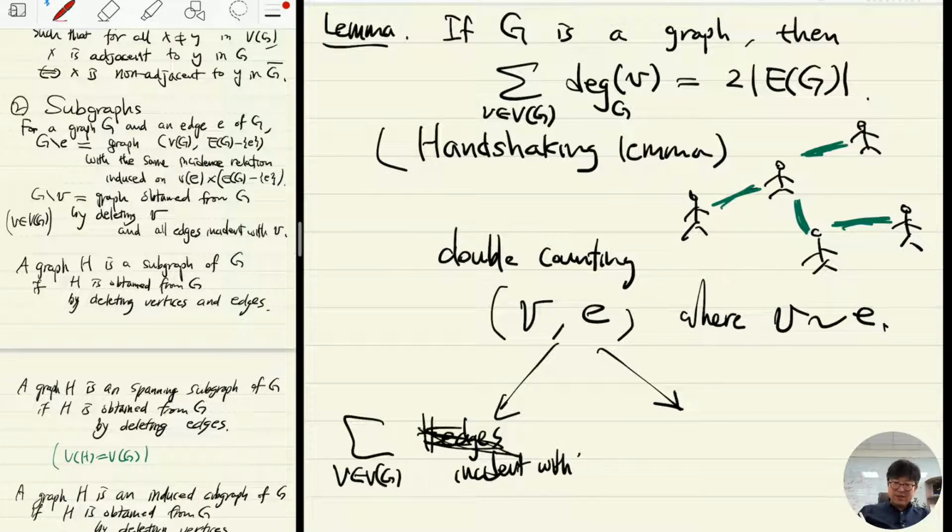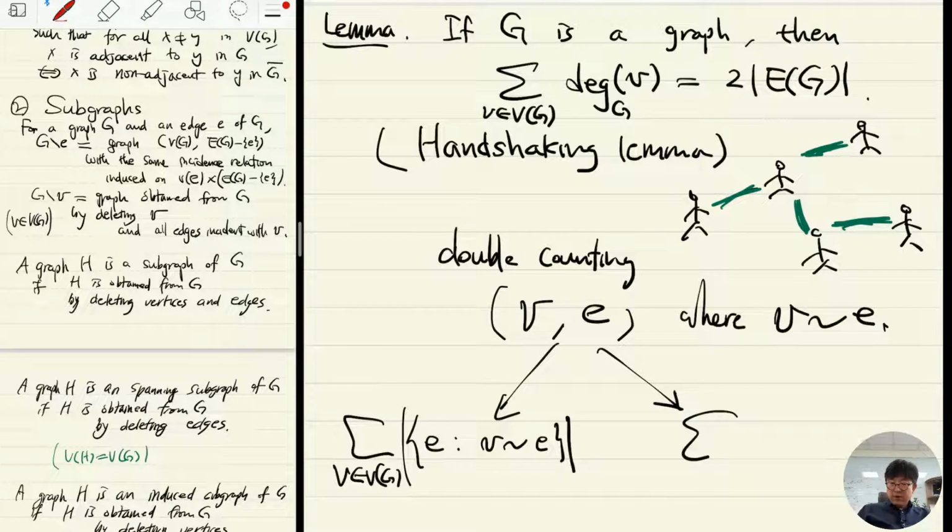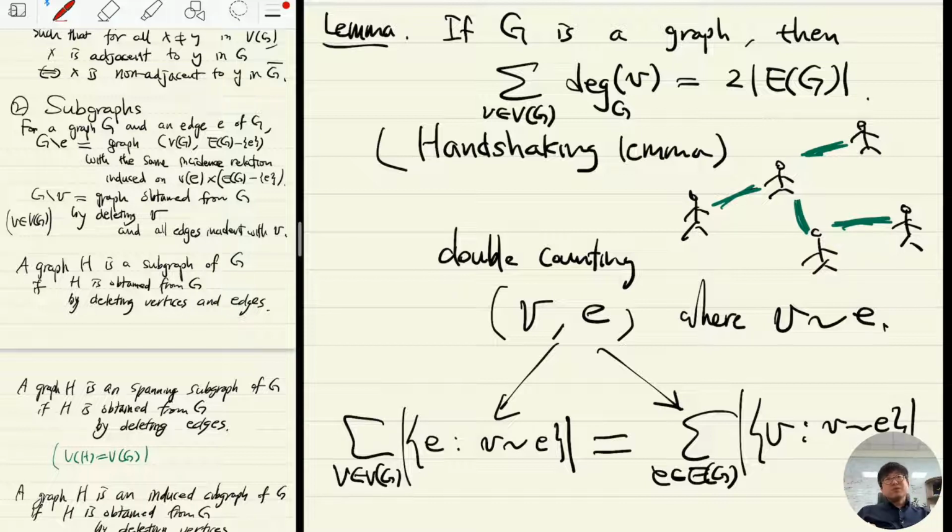Okay, instead of that, let me just say we count the edges so that V is incident with E, or we count for every edge the number of vertices where V is incident with E. So we are counting the same object in two different ways, so these two should be equal.